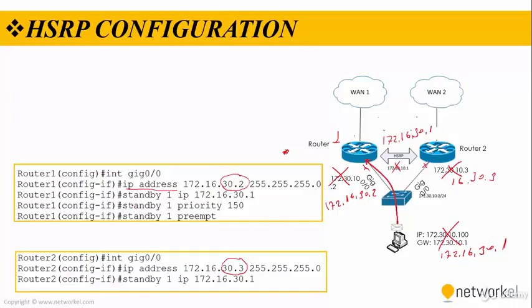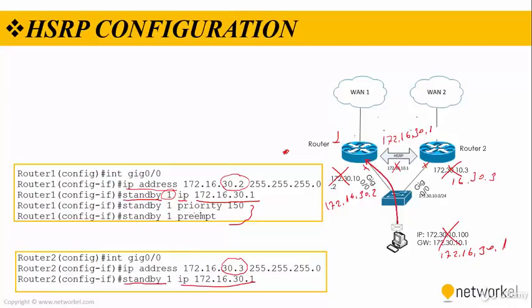Then I'm gonna attach the standby IP by using standby, the standby group number, and the IP address. Okay, I'm doing the same thing on router 2. I just have two different configurations for router 1 in here.